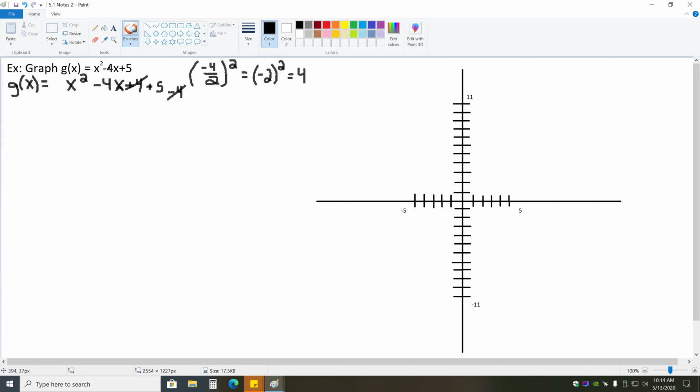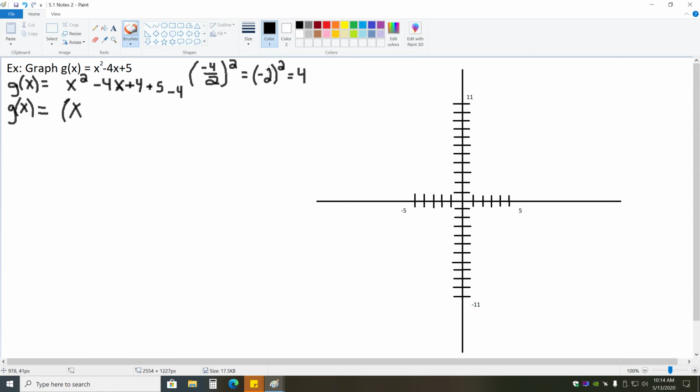So we haven't changed the problem, we've just rewritten it in a way that we can use to find the vertex form. So now we get g of x equals x squared minus 4x plus 4 is going to factor into x minus 2.